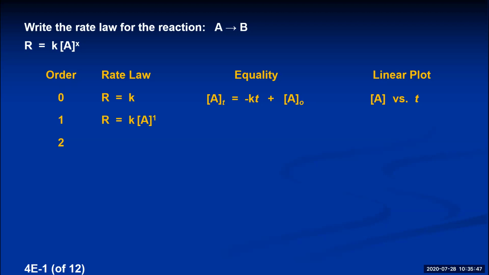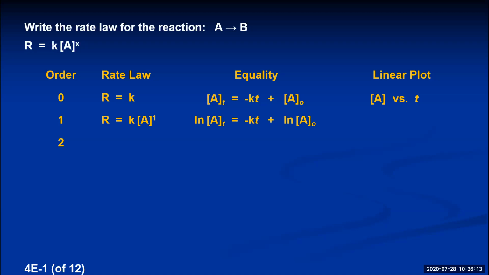If you have a first order reaction where the rate of the reaction is proportional to the reactant A's concentration to the first power, then an equality statement that is determined from this particular rate law is a little bit different. It turns out that the natural log of the concentration of the reactant A at time t is going to equal negative kt plus the natural log of the concentration of the reactant A initially.